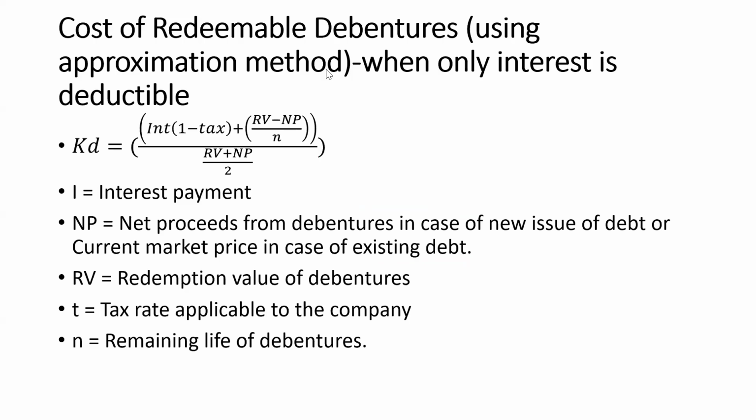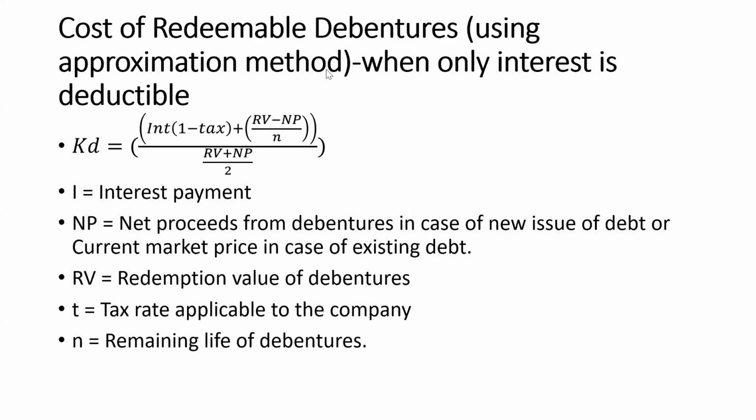For the redeemable debenture, your cost of debt is equal to interest into 1 minus t, plus redemption value minus your net proceed, whole divided by redemption value plus net proceed by 2. Redemption value is also face value. Net proceed is also the price. Don't get confused seeing the jargon.